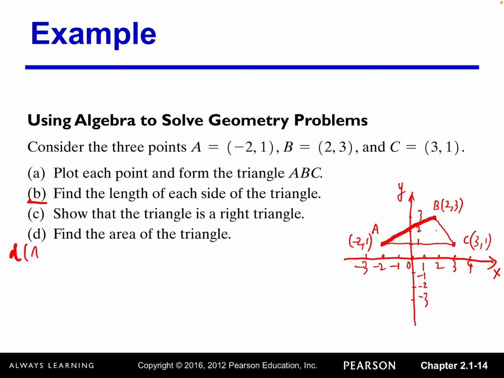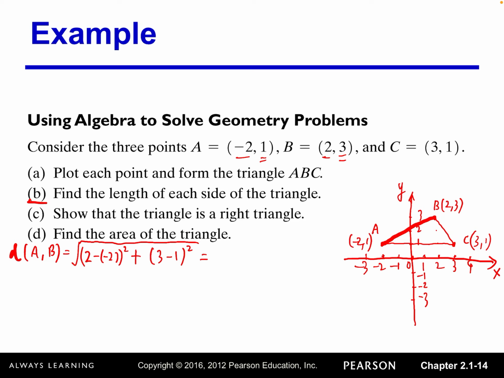So the distance between the two points A and B should equal what? Square root of the difference of the two x coordinates, squared, right? So that's 2 minus -2, squared, plus the two y coordinates, 3 minus 1, squared.